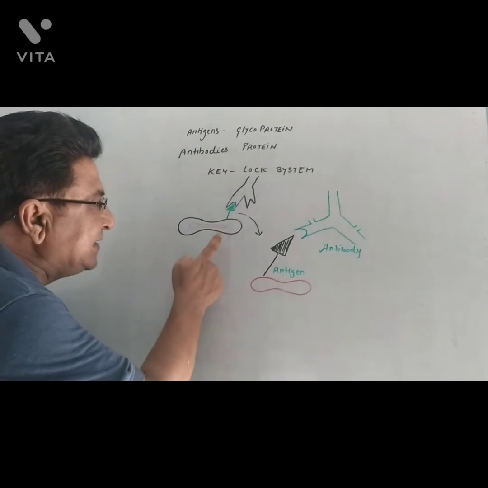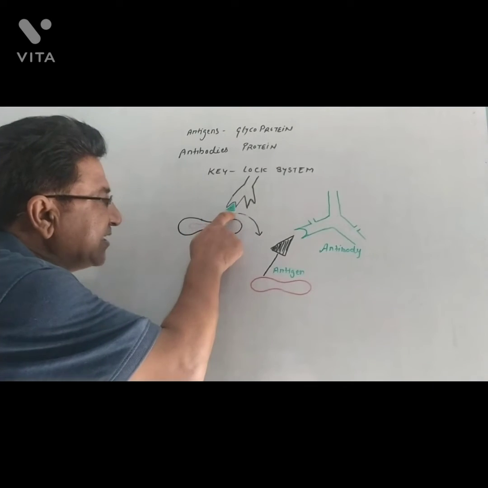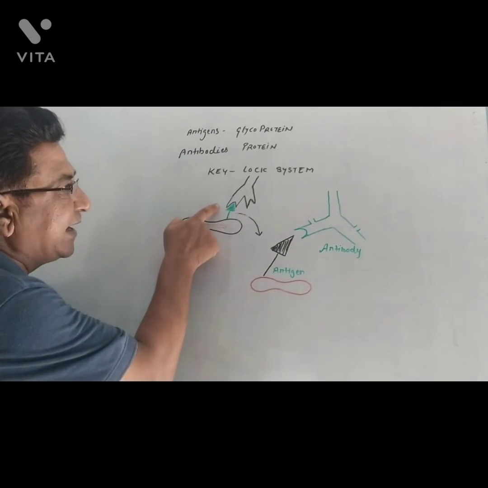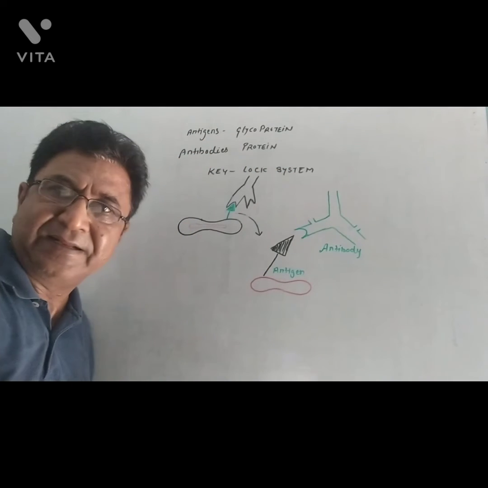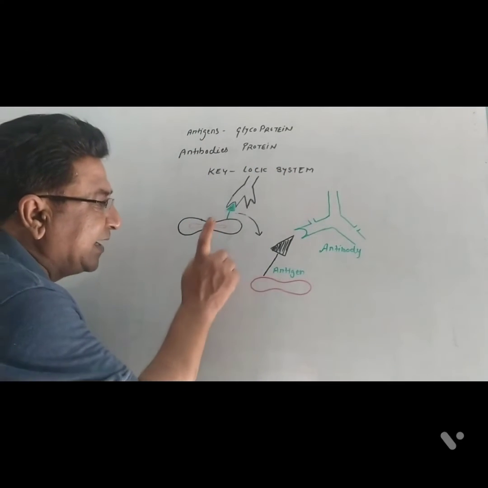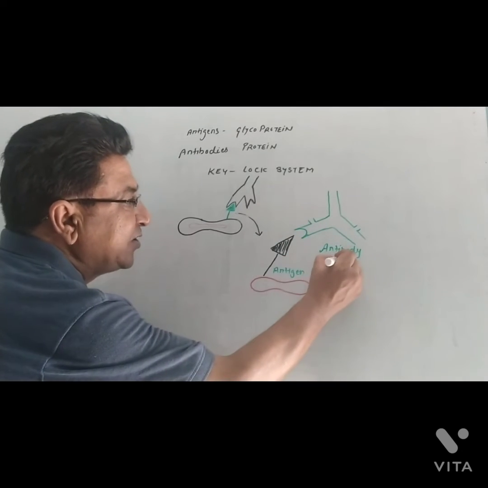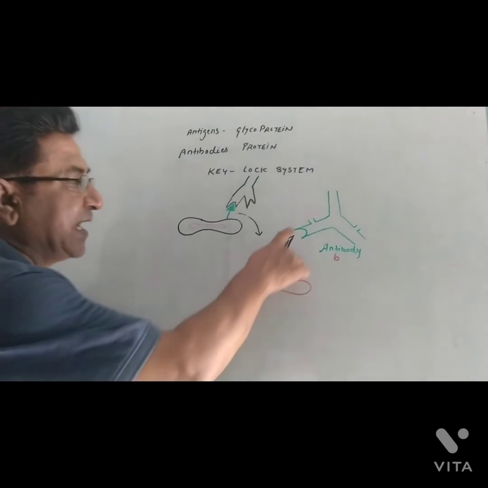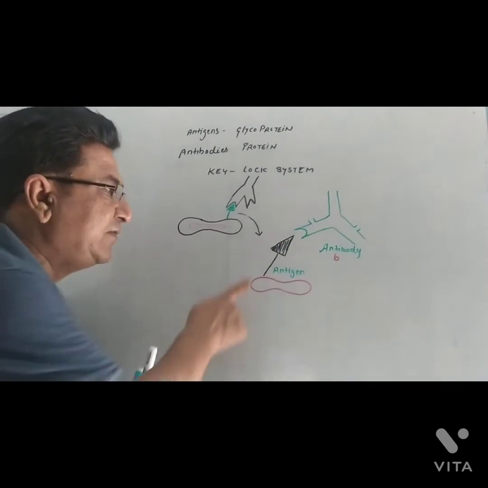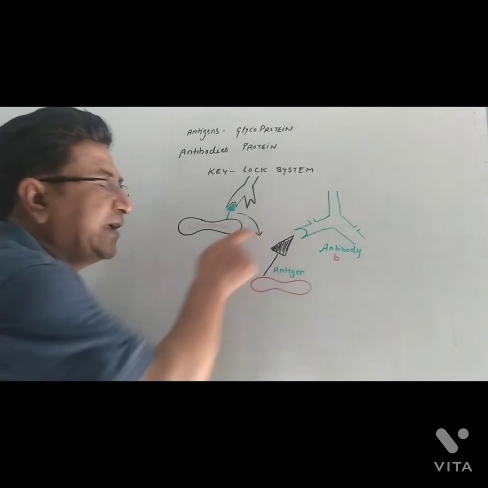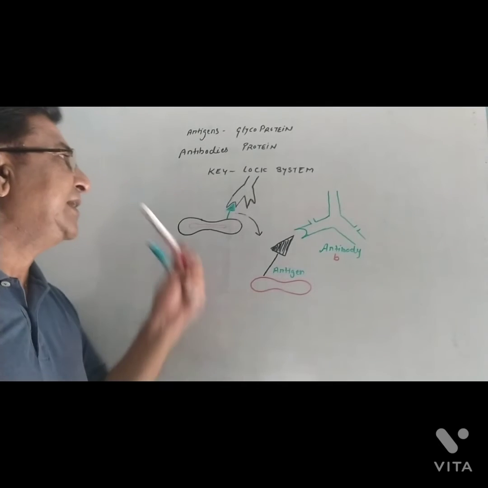So blood having RBCs with antigen A should have antibody B, because the key and lock system will prevail, and B has an attachment point like a dome shape, which will not fix the triangle of A. So both will float very easily in the blood.